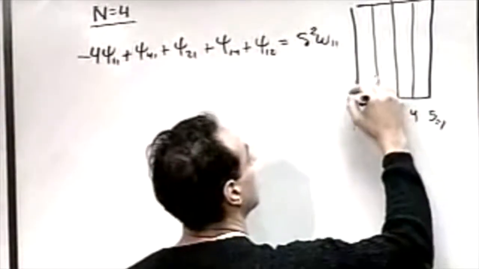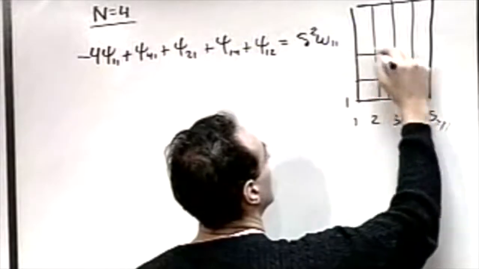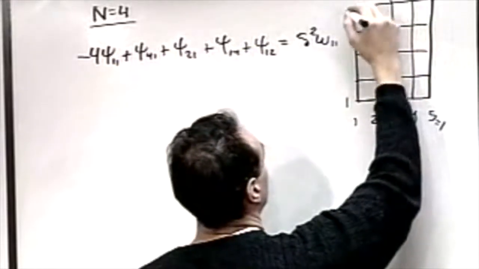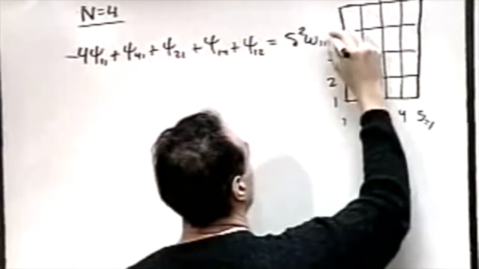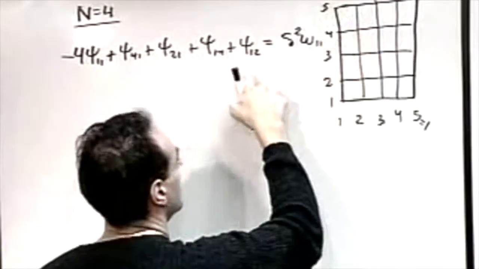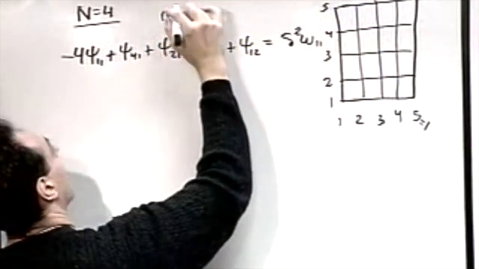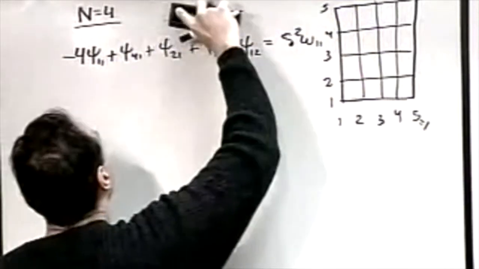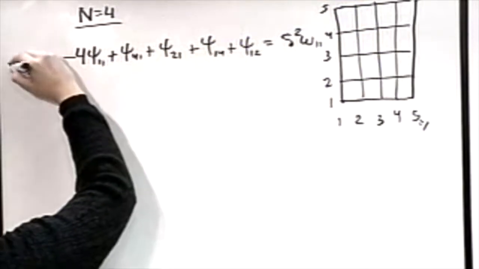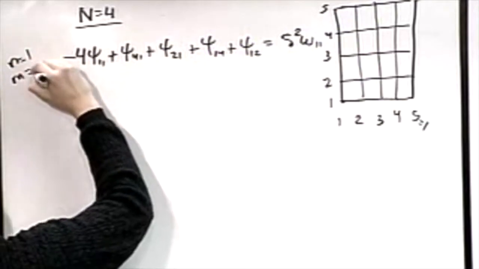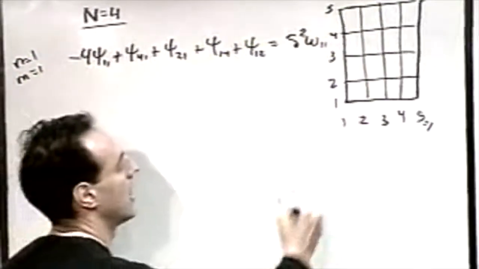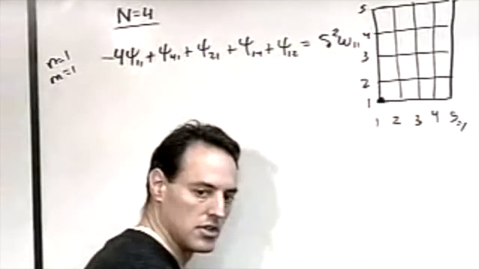And then here in this direction I have 1, 2, 3, 4, and 5. So for this equation, which I got directly from that by saying n is equal to 1, m is equal to 1, and putting it into the equations over there, basically it's trying to update the solution at that point.